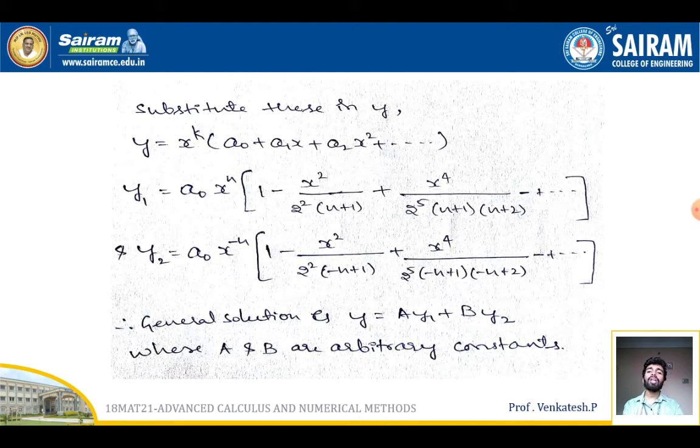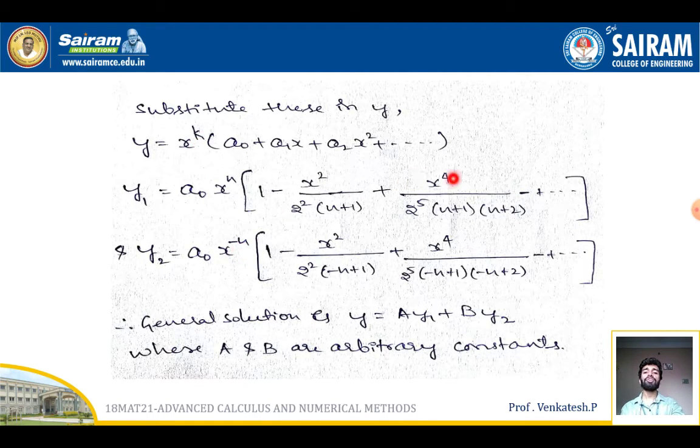If I replace all the constants in this equation and take a0 as a common factor, I'll get the equation like y1 is equal to a0 x power n into (1 minus x square by 2 square (n plus 1) plus x power 4 by 2 power 5 (n plus 1)(n plus 2) and so on). This x power n is obtained since I'm doing the case for k is equal to plus n. I will call this one y1 for case 1. So for case 2, I am going to replace k is equal to minus n.